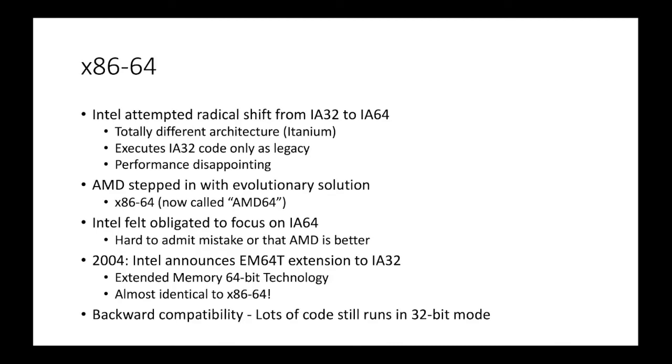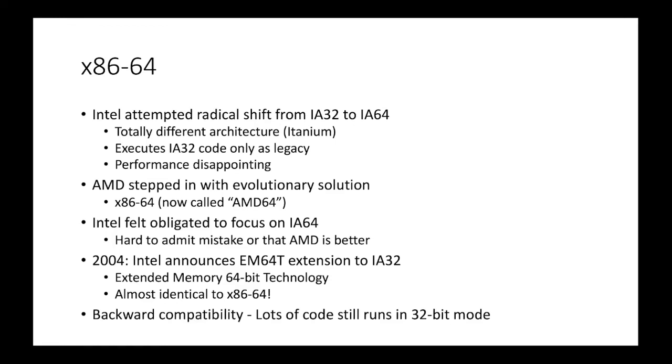There's an interesting story between AMD and Intel around the 64-bit x86 transition. When the industry transitioned to 64-bit in 2003 and 2004, Intel attempted a radical shift to a totally different architecture called Itanium. However, the performance was disappointing. At the same time, AMD stepped in with an evolutionary solution which later became the industry standard.